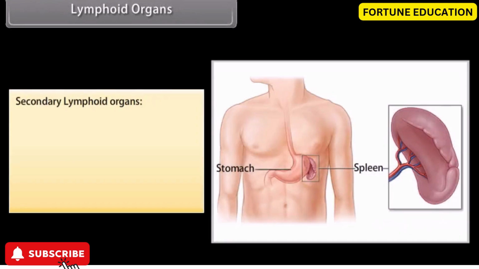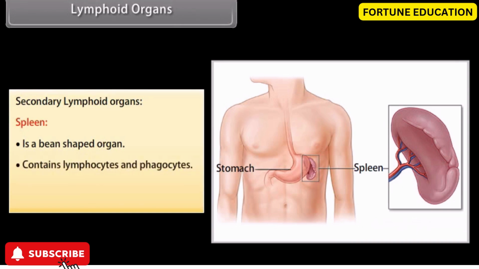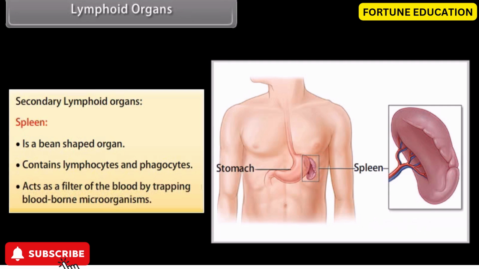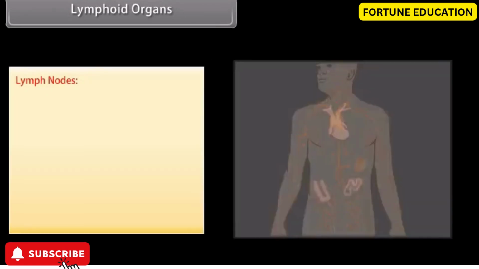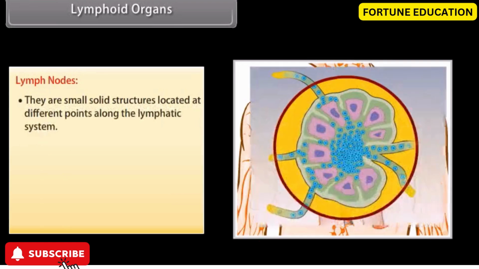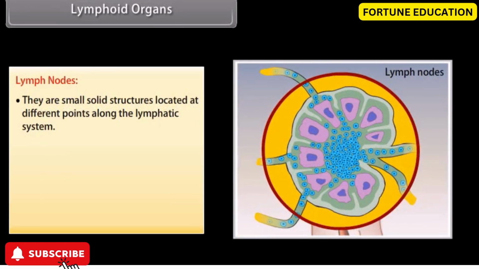Secondary lymphoid organs. Spleen is a bean-shaped organ that contains lymphocytes and phagocytes. It acts as a filter of the blood by trapping blood-borne microorganisms. Lymph nodes are small solid structures located at different points along the lymphatic system.